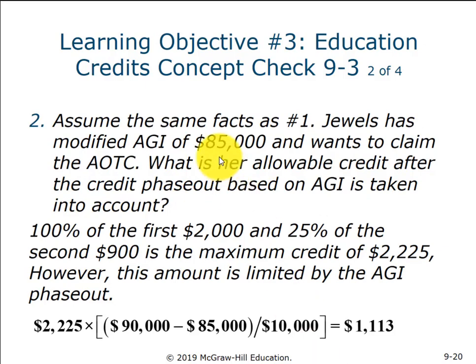So this time the AGI is 85,000. The last one we did without considering AGI. And this time she is going to take the AOTC: 100% of 2,000, 25% of the next 900, for a maximum of 2,225. This is, though, subject to our phase out.